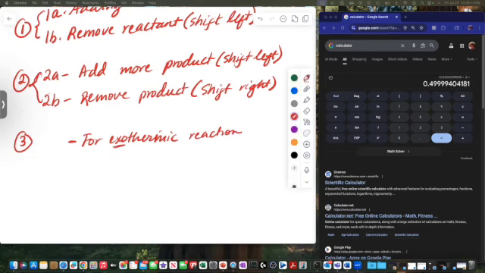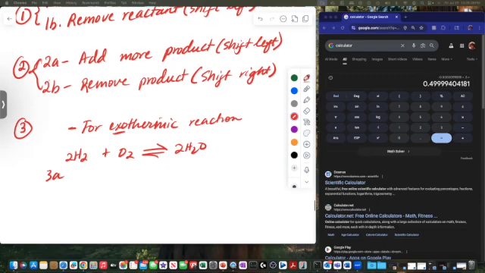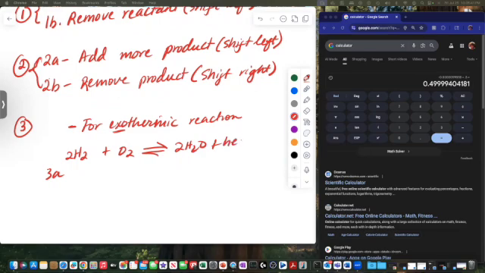So for exothermic reaction 3A, the reaction looks something like this. Let me give an example. The more I'm writing, I'm thinking about it, the more I'm developing this. So let's say we have H2 plus O2 to give us H2O, like that. And we have an exothermic reaction, so heat is released.